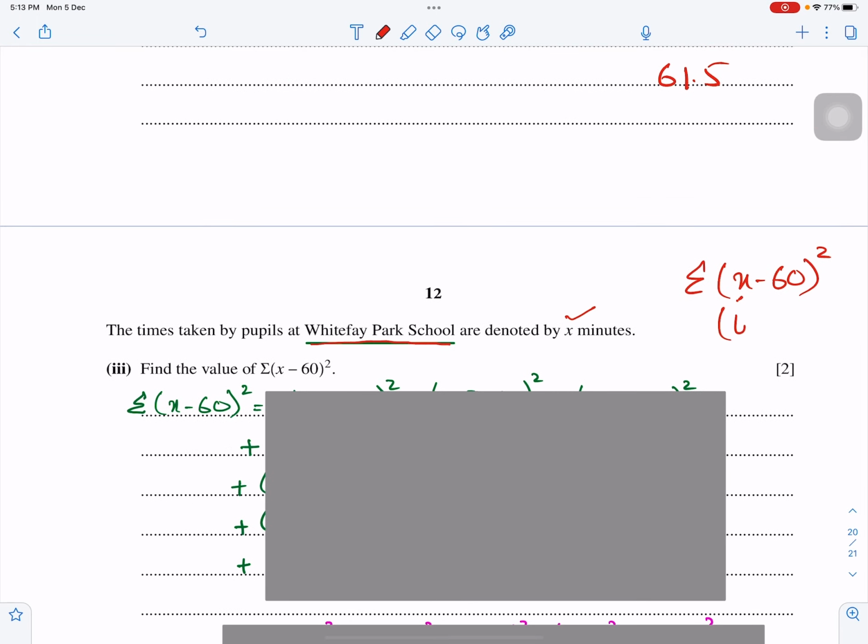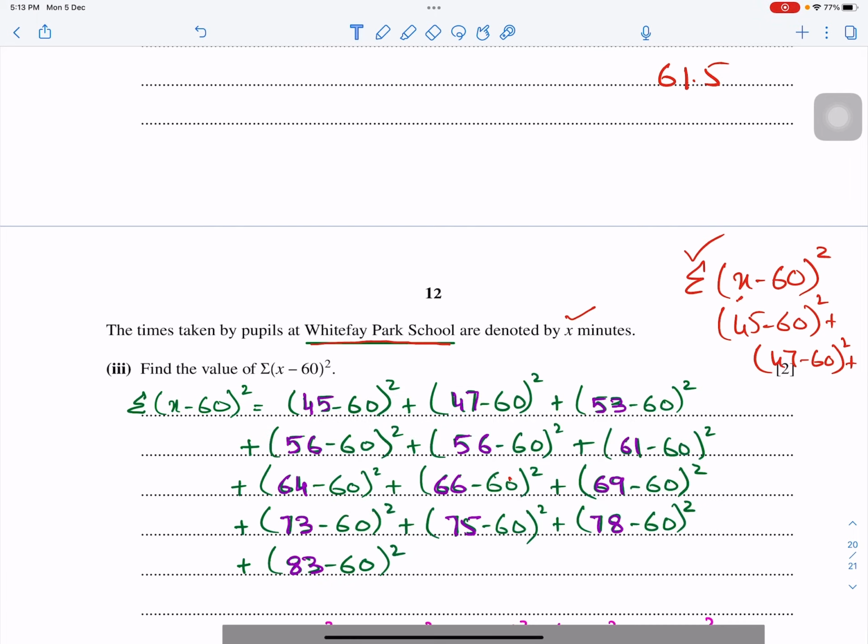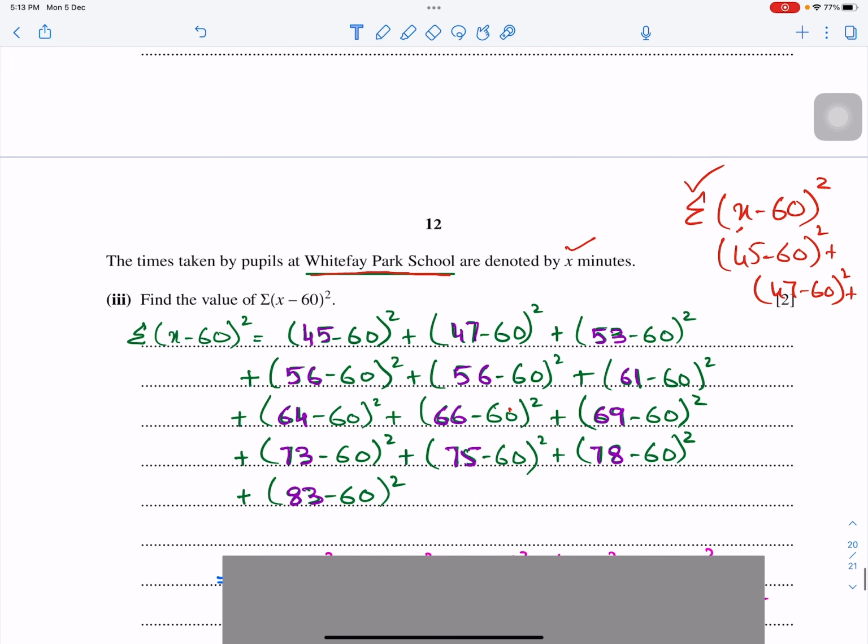So I will write here (45 minus 60) square plus (47 minus 60) square plus, why am I doing plus? Because of this sigma. So I have done this work here for you to save time. So let's see here, right? The purple color is showing actually the minutes, and minus 60 I'm doing here. So this is what you will do, and after that you will subtract.